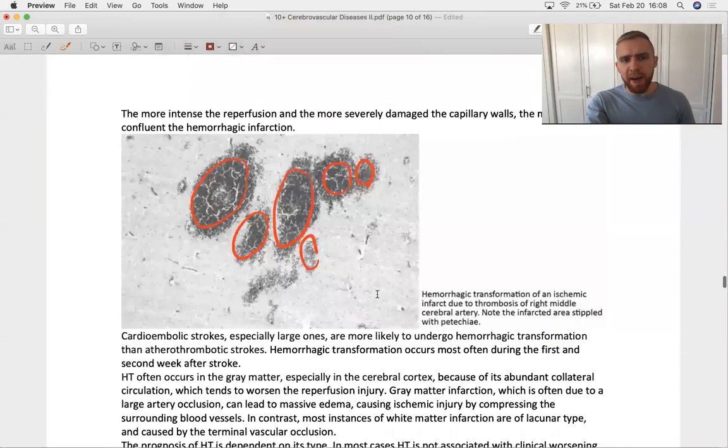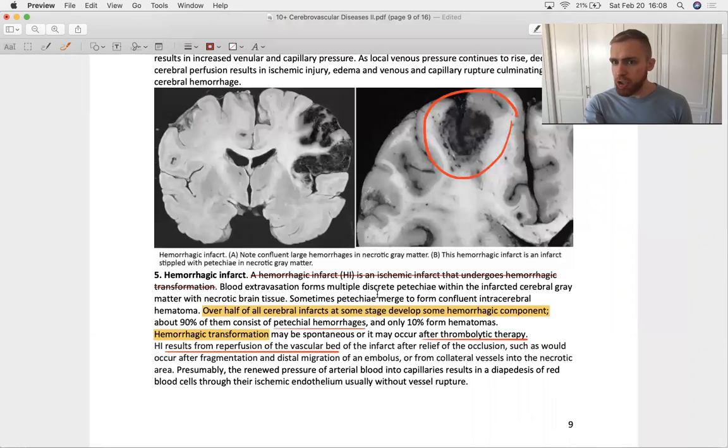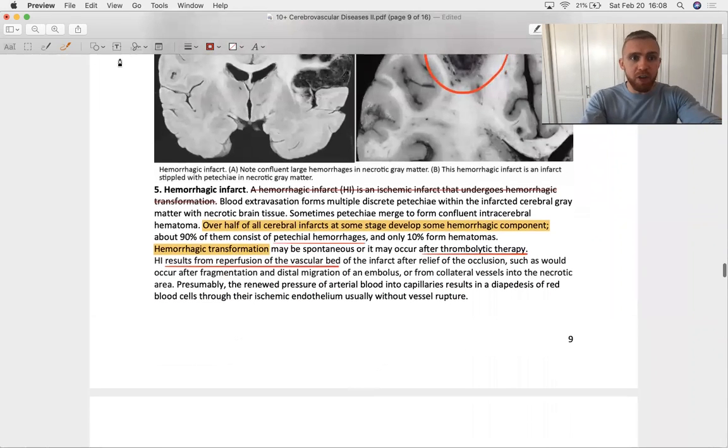So understand that concept, because they like to give you the petechial hemorrhage and say, what was the mechanism for this? This is exactly how this question gets asked on boards, across question banks. They show you the petechial red infarct, and the question is, what was the mechanism for this? And A is going to be something like straight up hemorrhagic stroke.